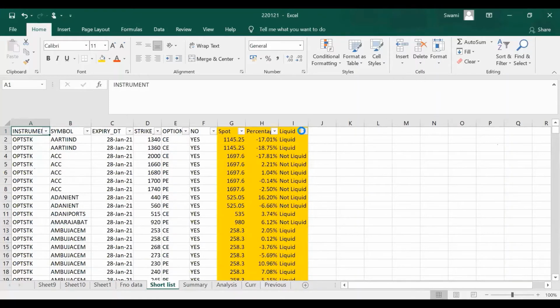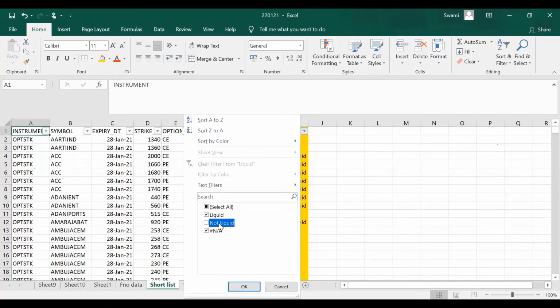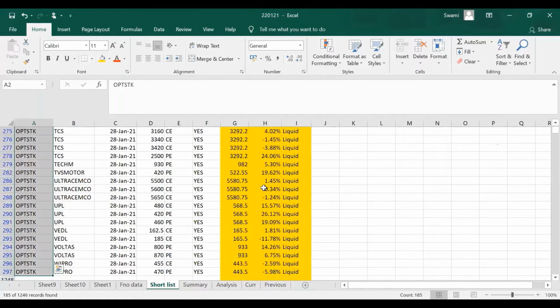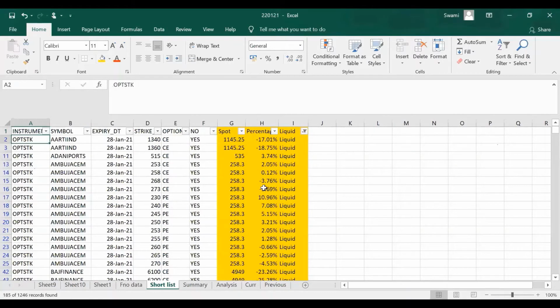So what I have done over here is I've selected only the liquid items, and the scanner has given us 185 contracts where the price has compressed and the volumes have increased.